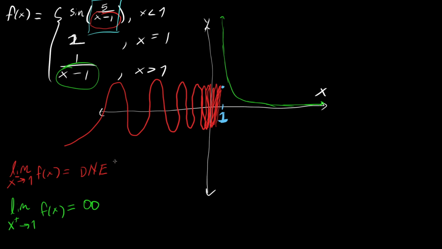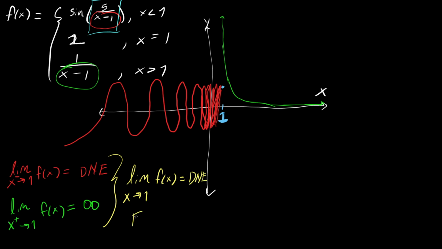And this here is called an essential discontinuity. So we see that the limit from the left and the limit from the right doesn't exist. So we know for sure that the limit as x approaches 1 of f of x does not exist.